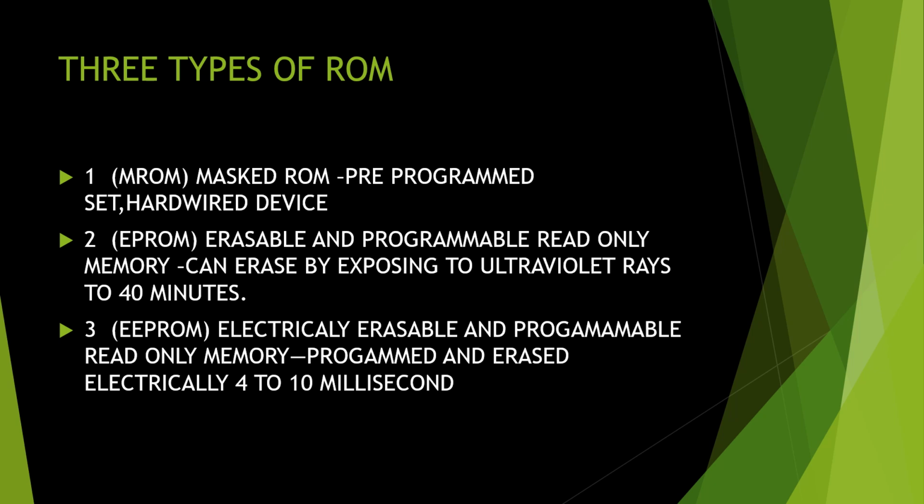Next is EPROM, erasable and programmable read-only memory. Erasable means we can erase it. Usually ROM is not erasable, but how can we erase it? It can be erased by exposing it to ultraviolet rays for 40 minutes.